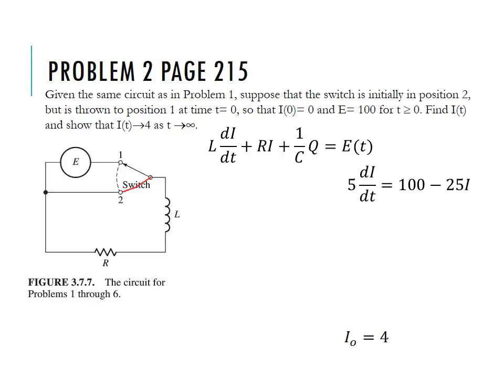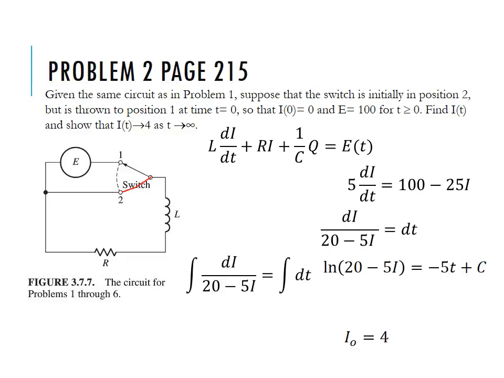So we have a first order differential equation with respect to current. So we're going to solve it and manipulate it in terms of a first order differential equation, and we get this. So we integrate both sides. We're going to get this, and then the integral of that is equal to this, and then take the exponential of both sides.